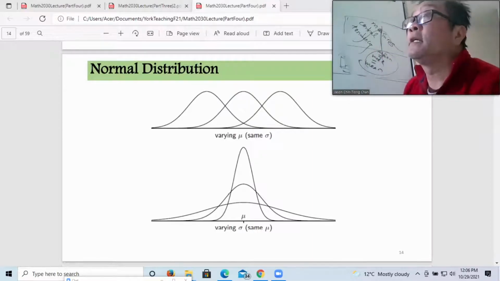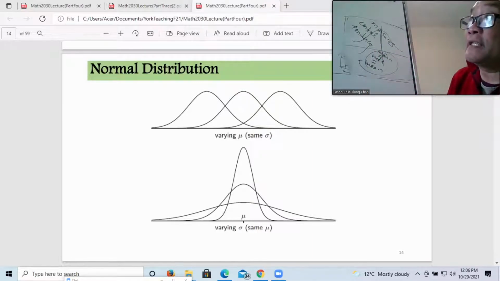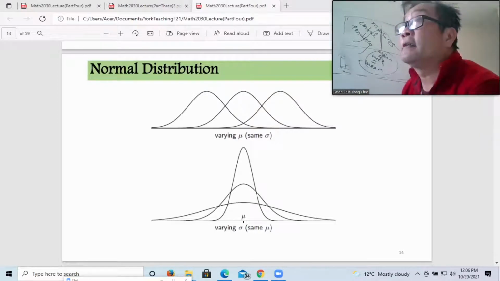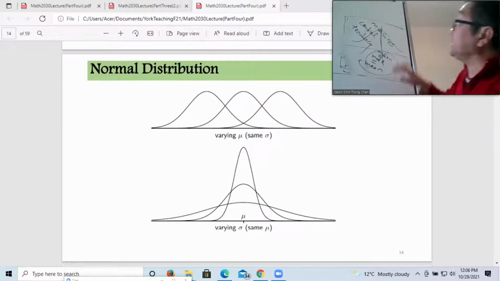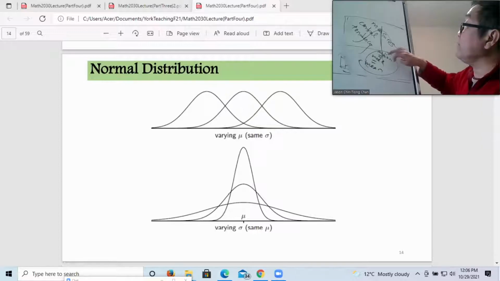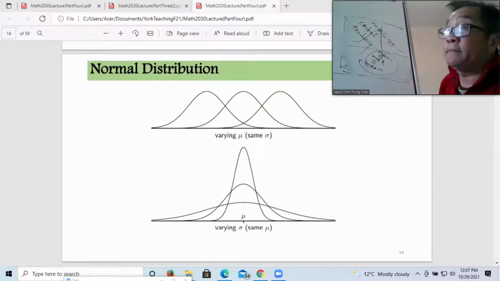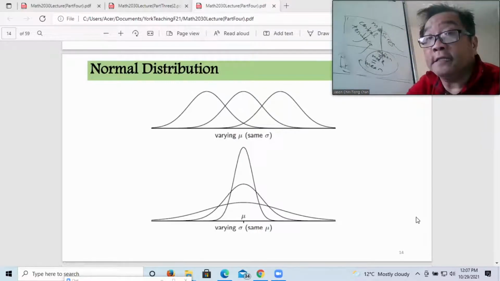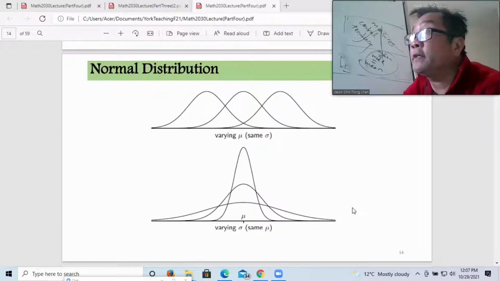Everyone okay? This is your statistics first year course. Yeah, this is normal. So in the normal, the mean, mode, median are at the center. The second one, so far so good. Any more questions?